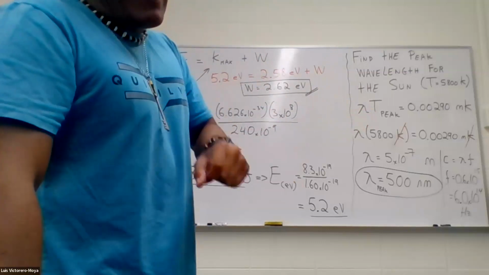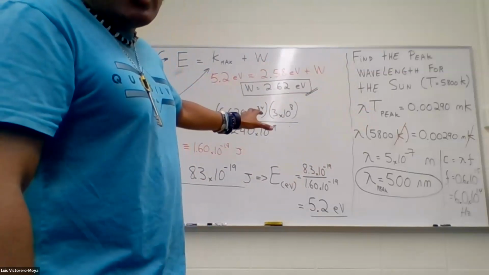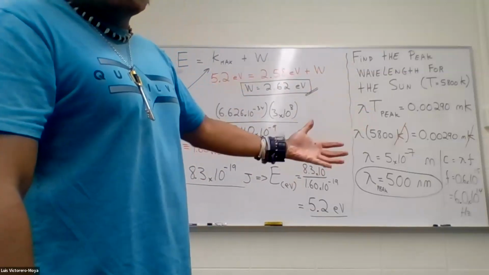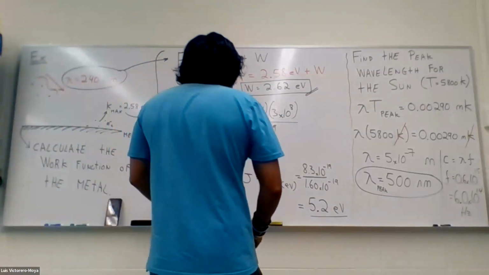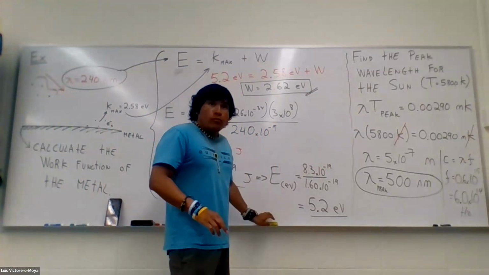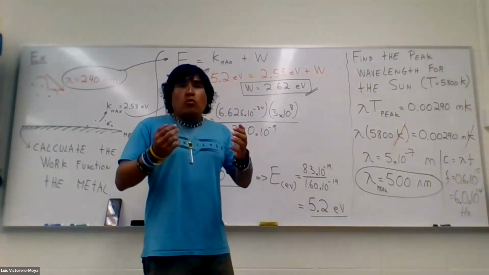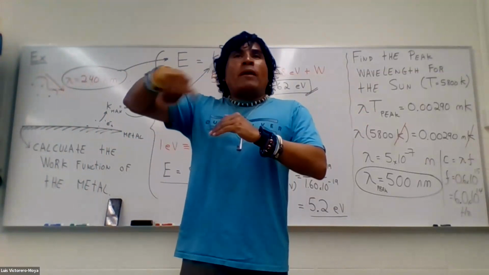A photon doesn't have mass. So we understand the idea of energy. How come a photon also has momentum? Well, you should remember that we found the momentum for an electromagnetic wave. The momentum for an electromagnetic wave is equal to the energy of the wave divided by the speed of light.